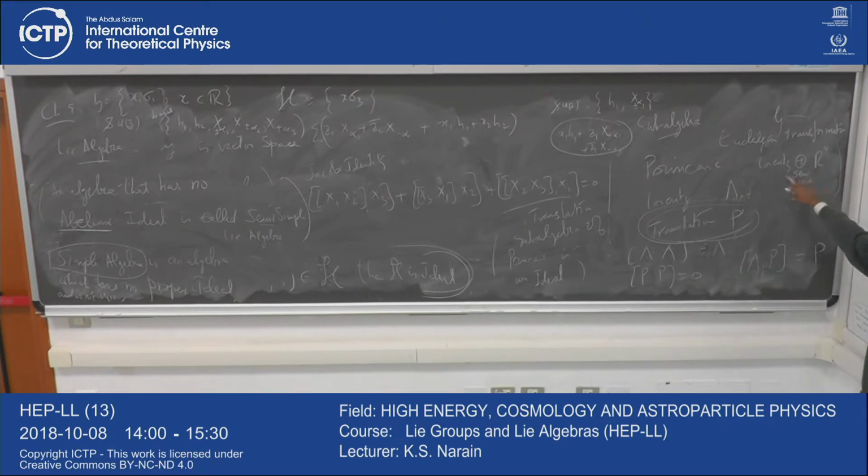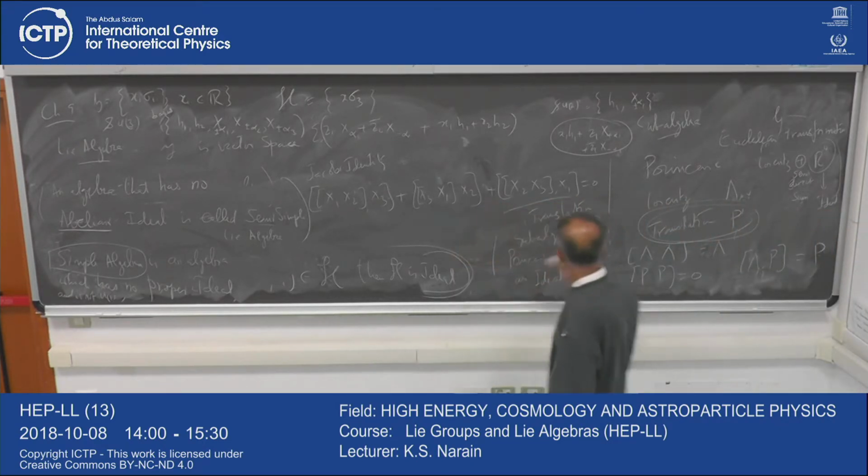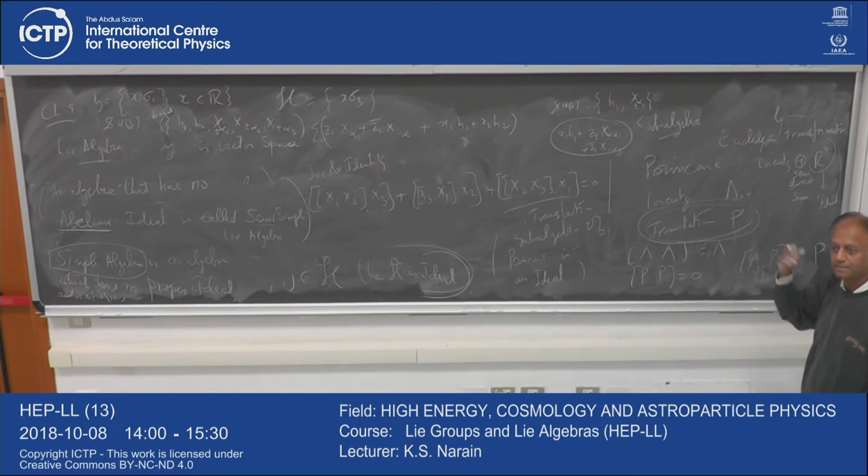So Lorentz plus R4, this is abelian, and this is an ideal of the Poincare. So is R4 semi-simple or simple? R4 is abelian, so it's not semi-simple. Neither semi-simple nor simple, because there are ideals.